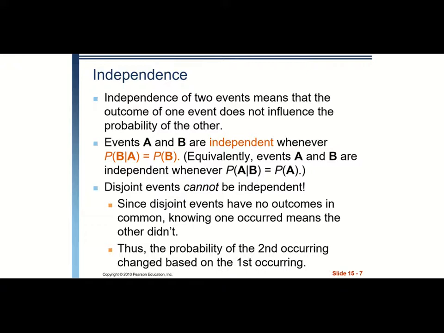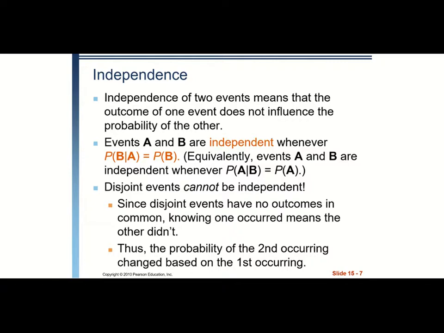And the reason for that is that when we have disjoint events, if we know that one occurs, we automatically know that the other event did not occur. Now, that's kind of confusing, but here's an attempt to make it a little easier to understand. If we flip a coin, normally we have a 50% chance of getting either heads or tails. Those are disjoint events. We can't get both.